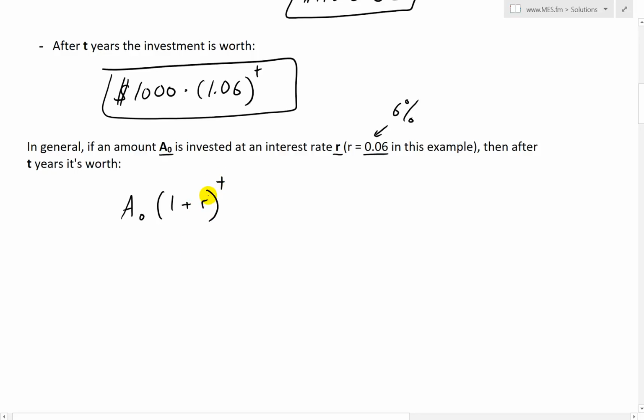So this is what our generic amount is. And in this case, this is compounded annually, if we're doing it by years.